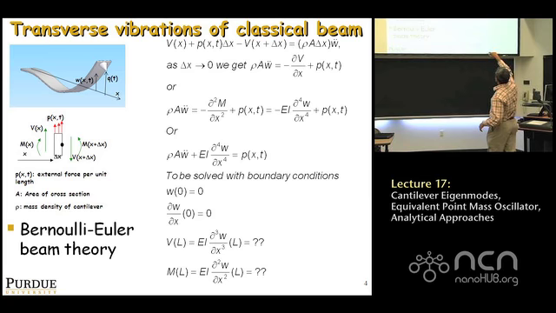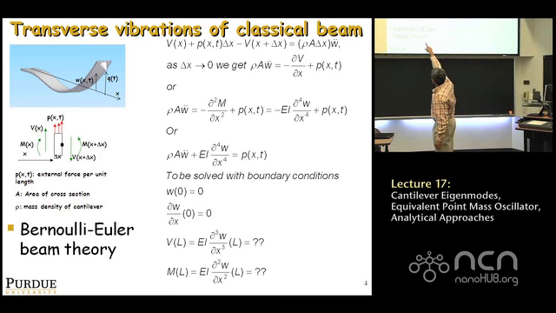So when we take that into account, what you basically get is the equation on the top right, which is rho A w double dot. If you take rho A w double dot and multiply it by delta x, the thickness of this wedge, that gives you the inertial force of this wedge. Why?